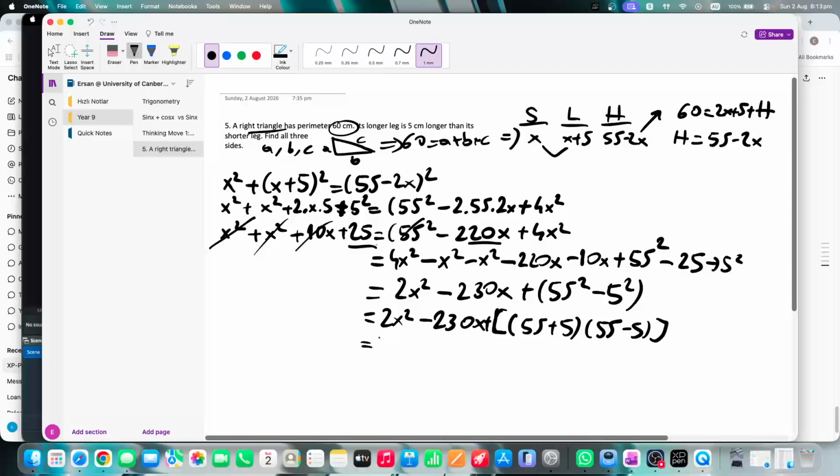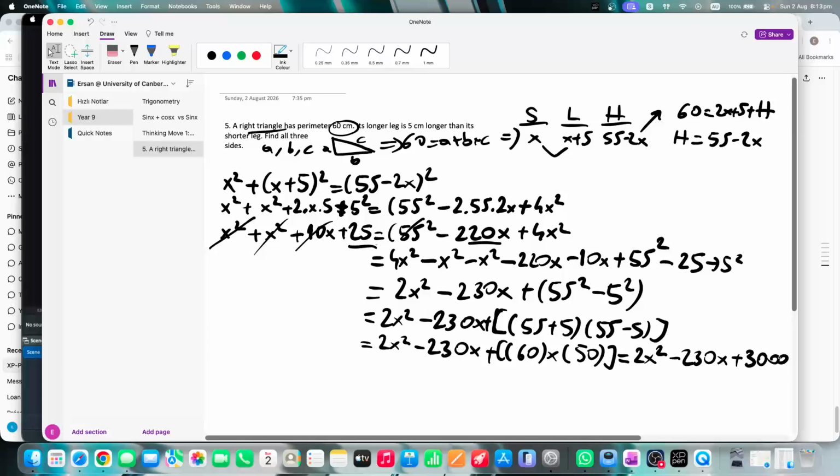So then 2x squared minus 230x plus 60 times 50, which is 3000, is going to be 2x squared minus 230x plus 3000.